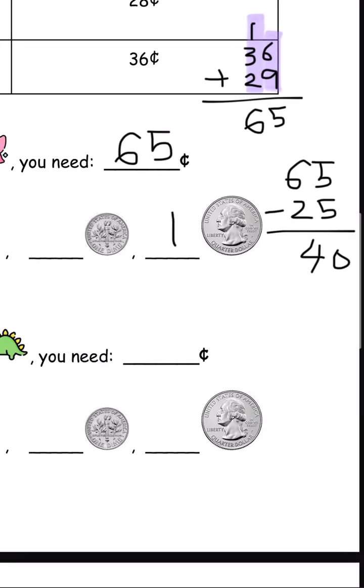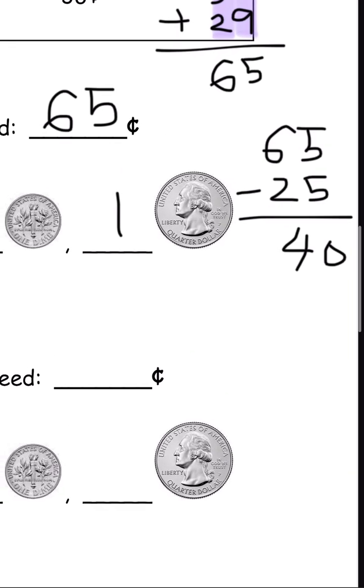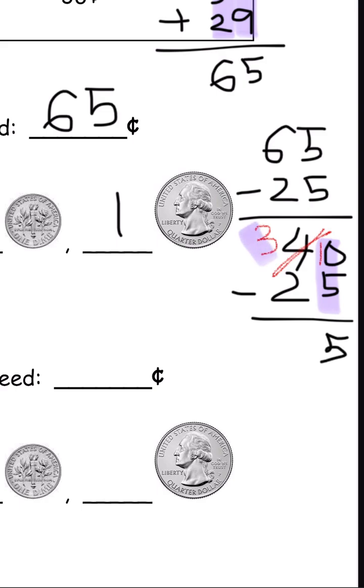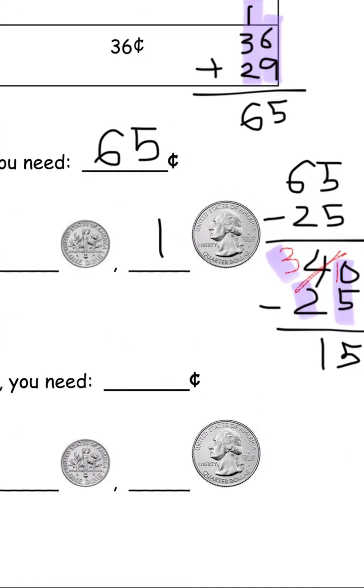So we have used 1 quarter right now, and then we can use another quarter, right? So 0 minus 5, we have to borrow 1 ten from the tens place, so that becomes a 3, and this is now a 10. So 10 minus 5 is 5, and 3 minus 2 is 1. So that's another quarter that we used, so that's 2.